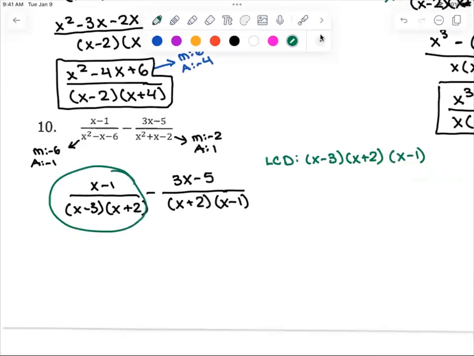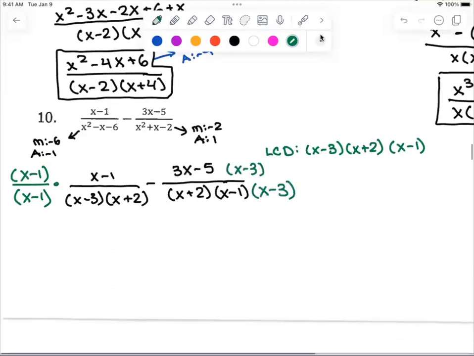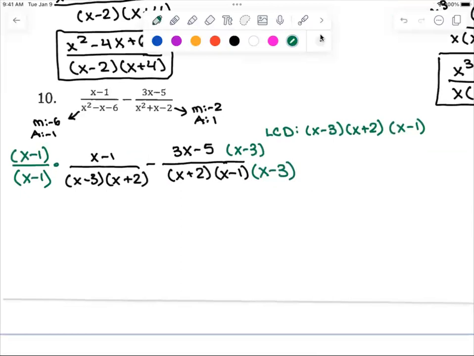So this one here is missing the x minus 1, so we're going to multiply by x minus 1 over x minus 1. The second fraction is missing the x minus 3, so I'm going to multiply by x minus 3 over x minus 3. So now I will have a common denominator. We have an x minus 1, an x minus 3, and an x plus 2.